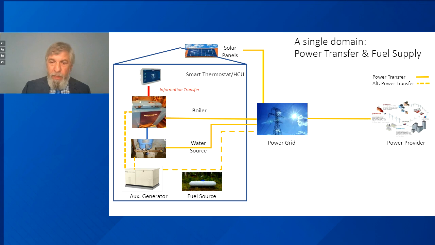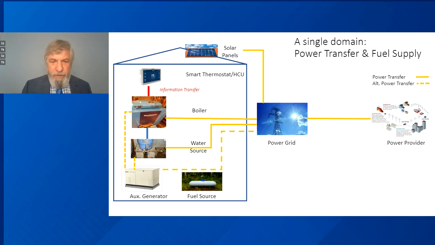So for a single house, here is the power transfer flow. We have our power provider on the right-hand side, and the power grid in the center that delivers electricity to the house.